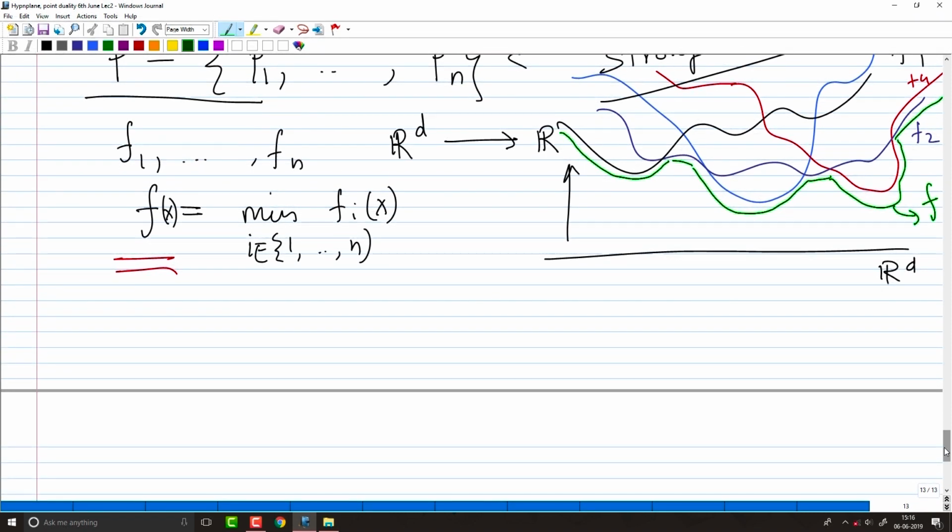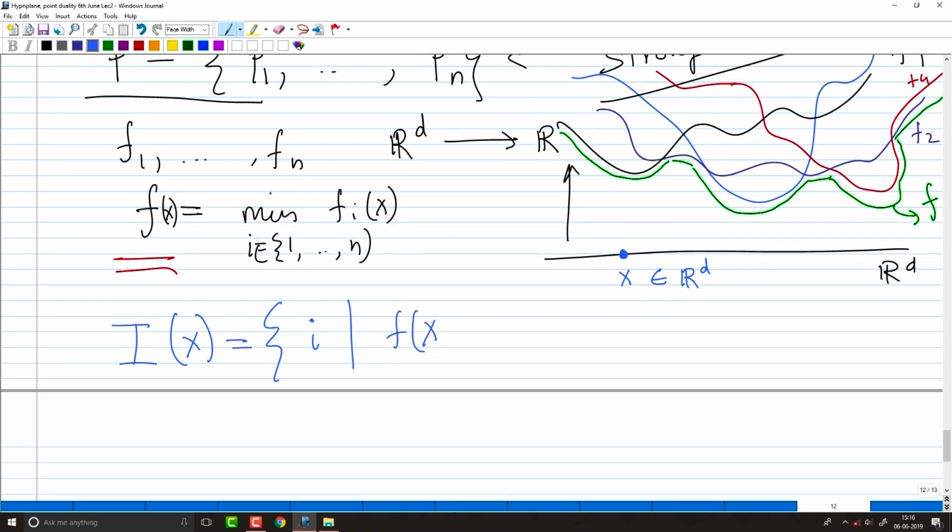So, now what I want to do is, for each point x in R^d, I want to define an index set. So, I of x I want to define. This is equal to all those i's such that f of x is equal to fi of x. Okay. Makes sense what I am trying to define?